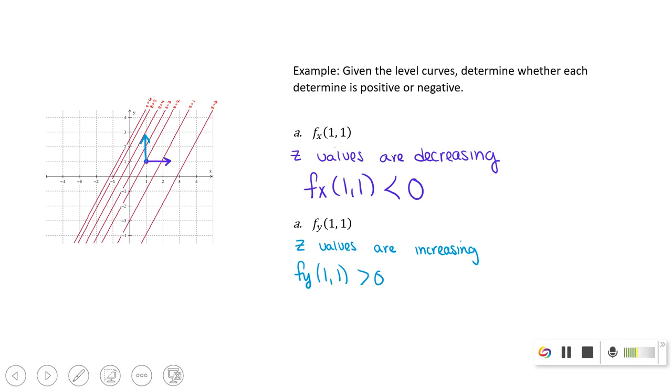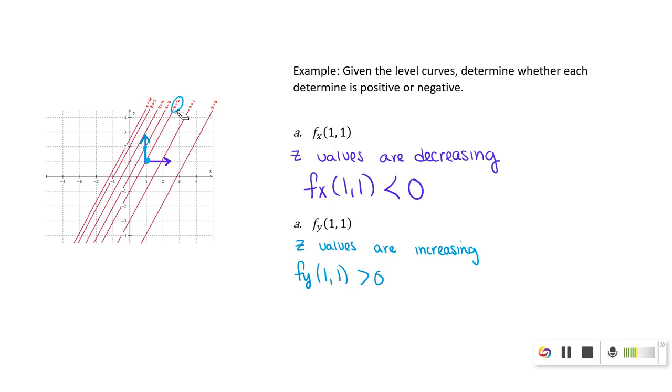I have a lighter blue arrow moving in the positive y direction. Reading the z values from the level curves, we start at z equals 2, and as we move in the positive y direction, the z values go to 3, 4, etc. We're going uphill. The z values are increasing, and so our derivative has to be positive.